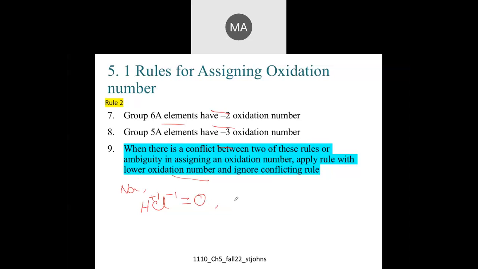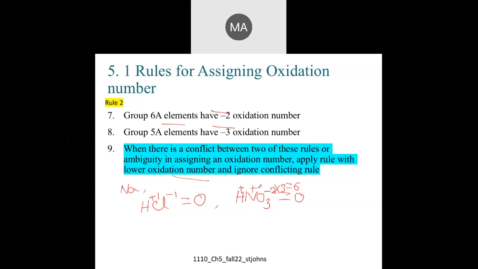More examples, for example, nitric acid. This is also 0. How? It is a neutral compound. So hydrogen is +1. We know the oxygen is -2 and we have 3 oxygen atoms, so it will be -6.